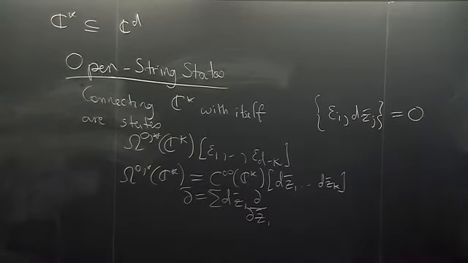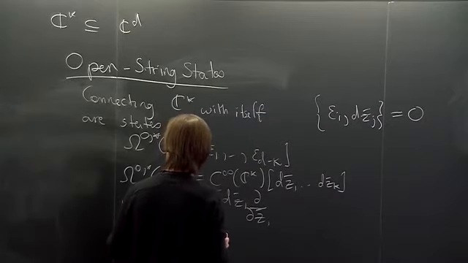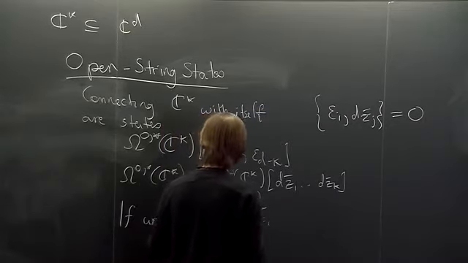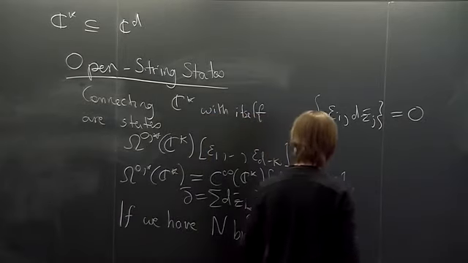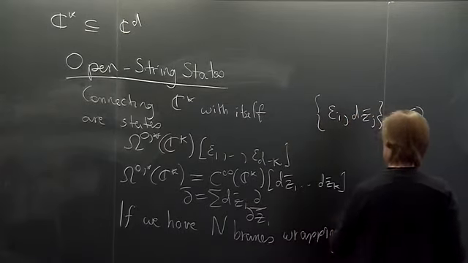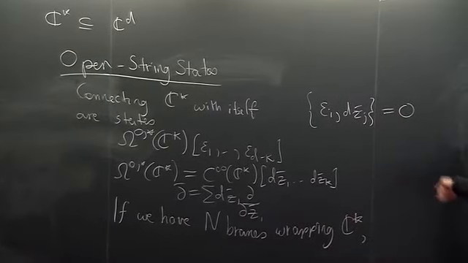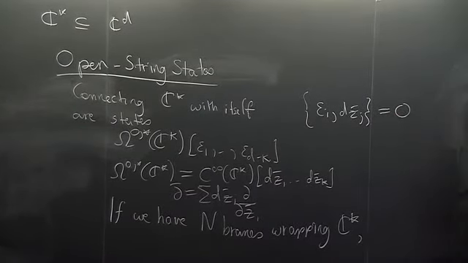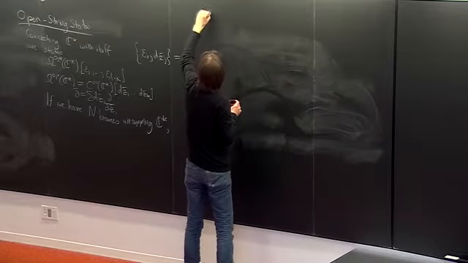Okay. So if we have n branes wrapping C^k, well, we find the same answer, but the usual picture where I could have a string ending on brane i and brane j on the other side, so I find matrices.